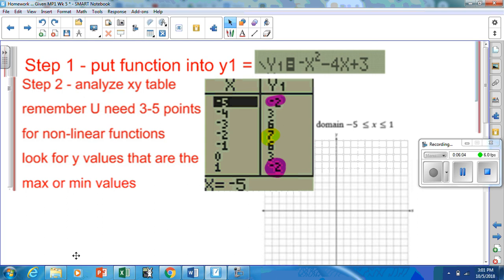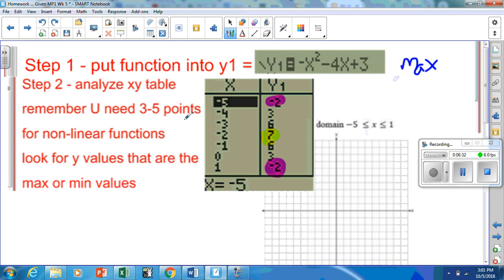And also, given the fact that this is a parabola with a negative x squared, we know that it is going to generate a shape that looks a little bit like this. So this point right here, we call our max value.